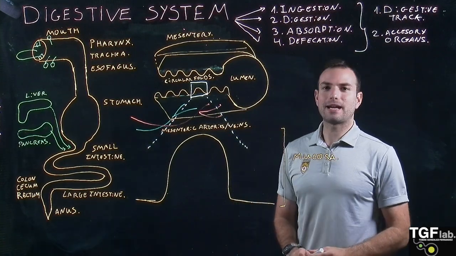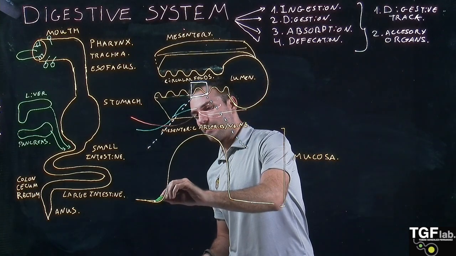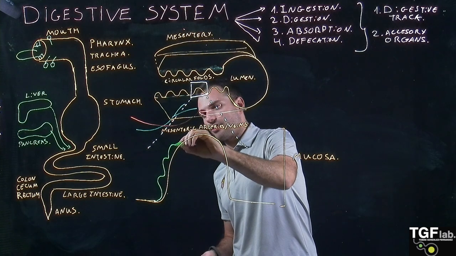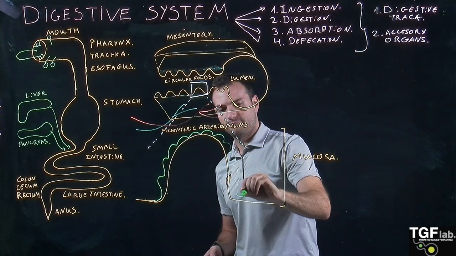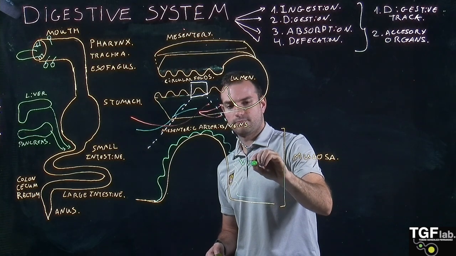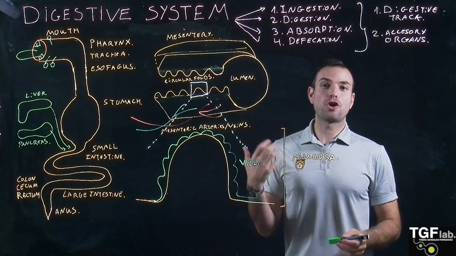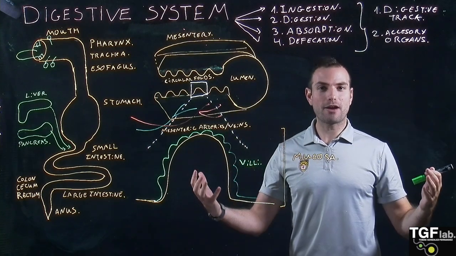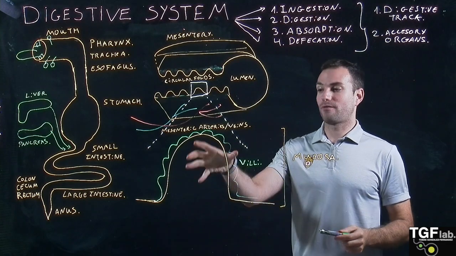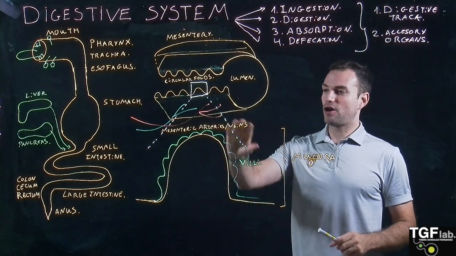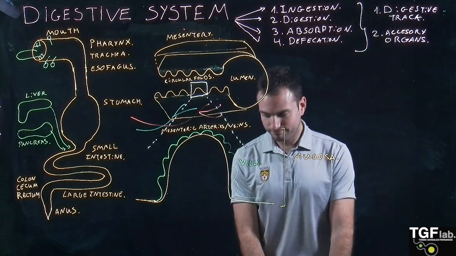So the first layer is the mucosal epithelium. And very importantly, in the mucosal epithelium, we have these protrusions here, which are called the villi. So this mucosal epithelium is going to increase the surface area to facilitate the absorption of the nutrients. Then after this mucosal epithelium, we have the lamina propria.